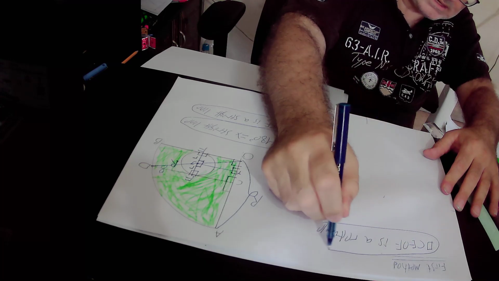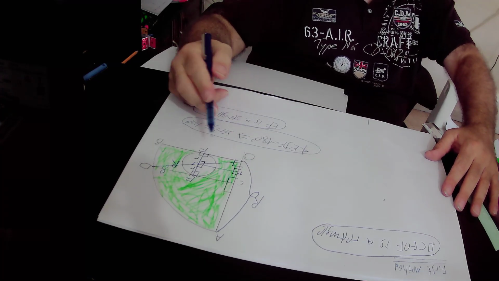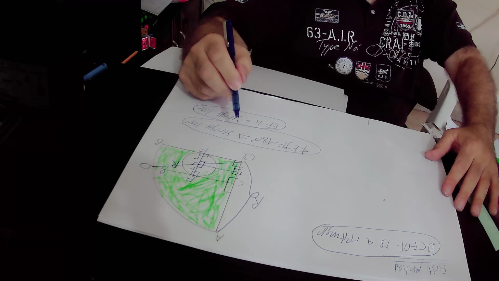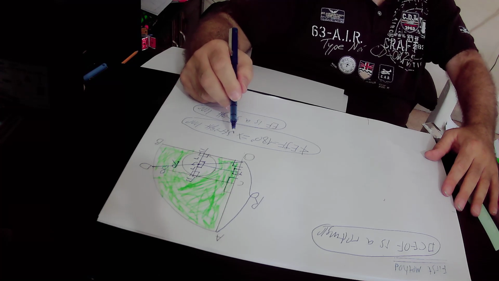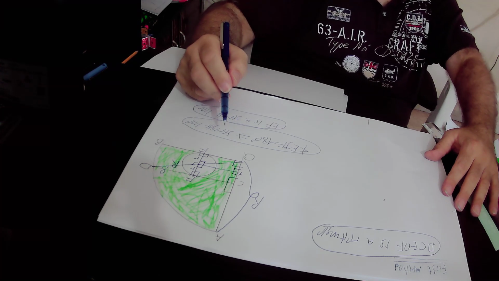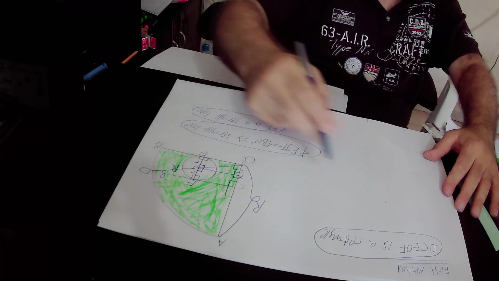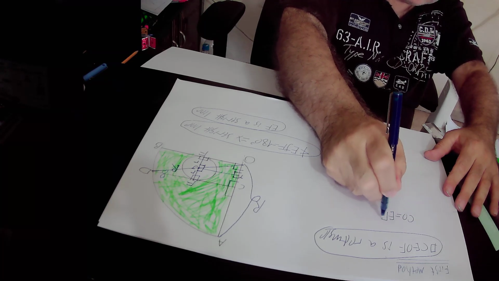Why is it a rectangle? Because inside quadrilateral CEOF we have 4 right angles. Okay? And we know that the opposite sides of a rectangle are equal to each other. That is to say, CO equals EF.